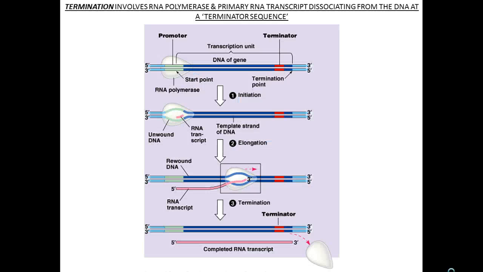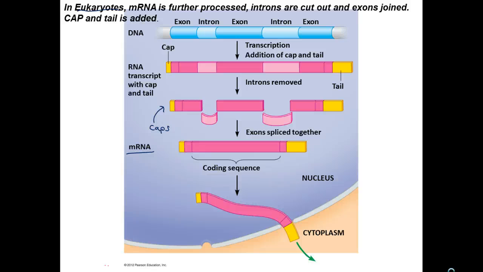Okay. Now in eukaryotes, you have further mRNA processing. You have these interrupting sequences that don't code for a protein, so we call them introns. Remember, intron, in for interrupting. Then exons are the sequences that are going to be expressed and code for proteins.